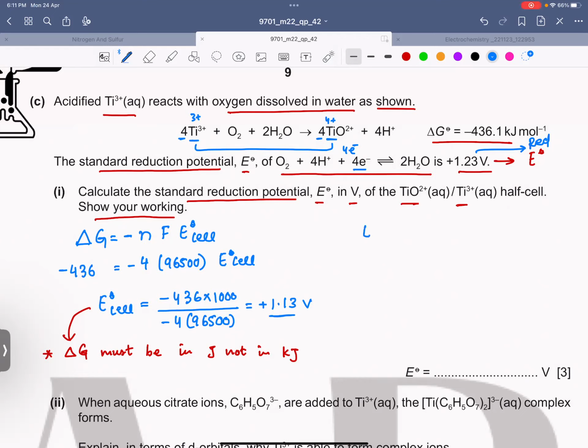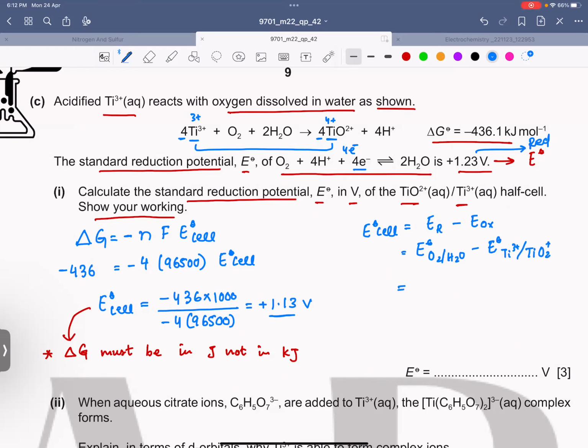So then we use the E naught cell expression from the electrochemistry, that is E reduction minus E oxidation. And here E naught reduction is basically E naught of oxygen water minus E naught of titanium 3 positive and TiO2 positive.